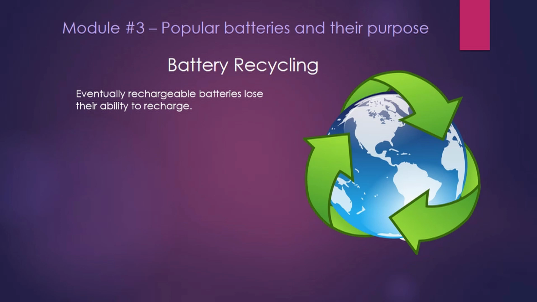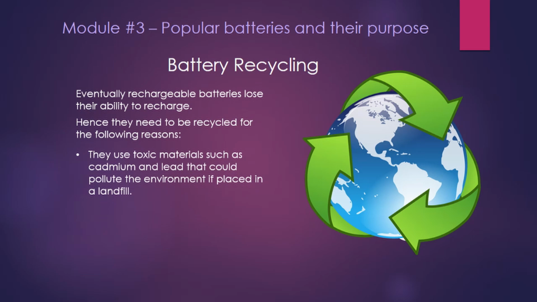Rechargeable batteries lose their ability to recharge because during the recharge process discussed earlier in the module, imperfections and irregularities are formed. When enough of these are formed, the battery loses its ability to produce electrical energy. But why do they need to be recycled? Can't they just be thrown out? The answer is twofold.